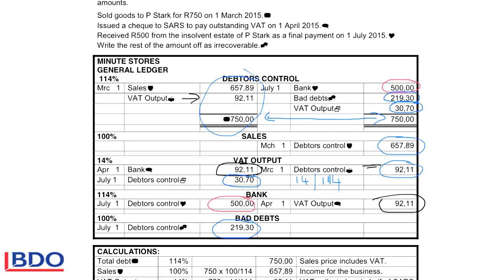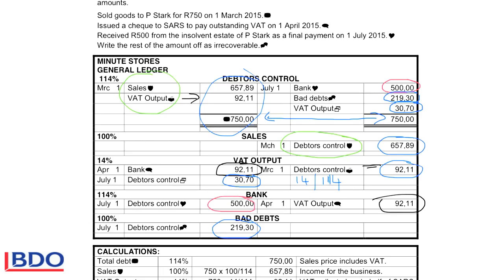So if we look at this exercise, what did we learn? When we sell goods, the debtors control will be debited with the total amount of the sales plus the VAT output. And then you will do a calculation to say what portion of that amount is the income for the business, and we will credit sales with that figure.